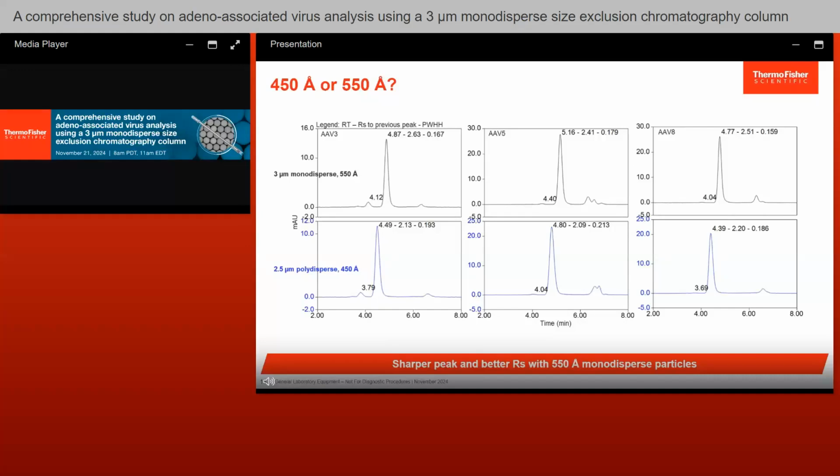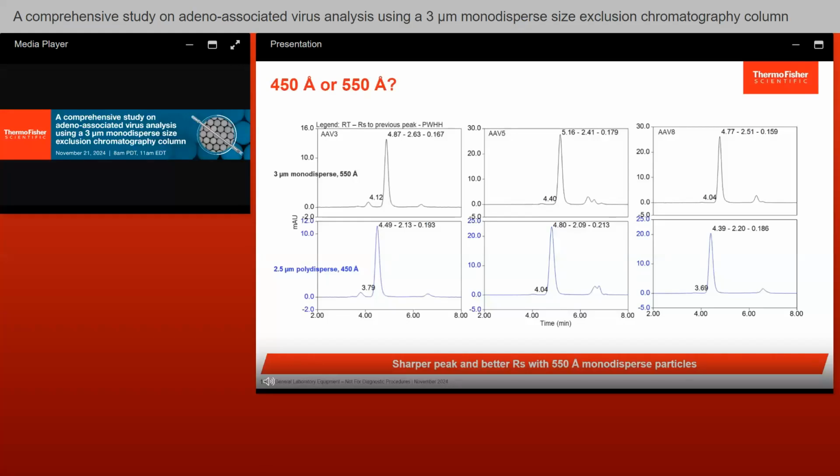If we look at the three samples here, AAV3, 5, and 8, all of them have better resolution between the monomer and aggregates. For example, AAV3 has 2.63 versus 2.1, AAV5 has 2.4 versus 2.1, and AAV8 is 2.5 versus 2.2.